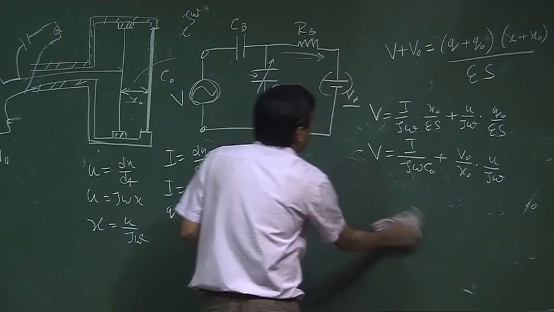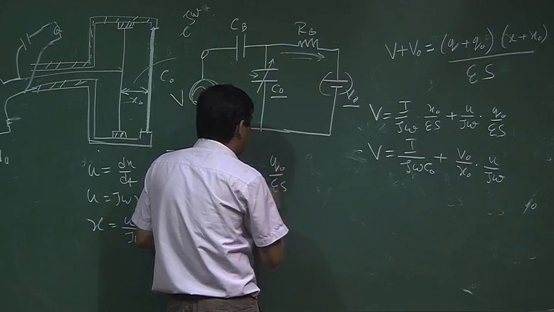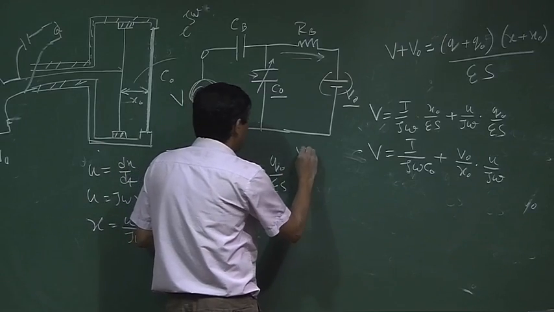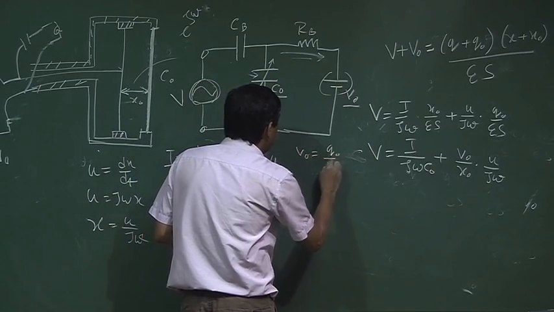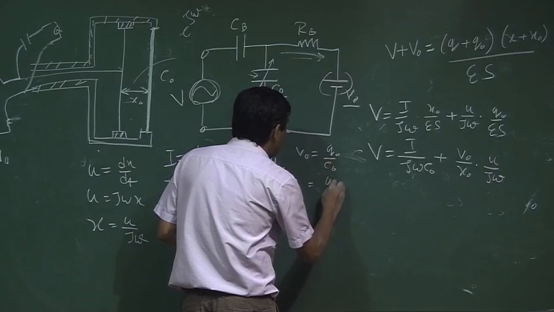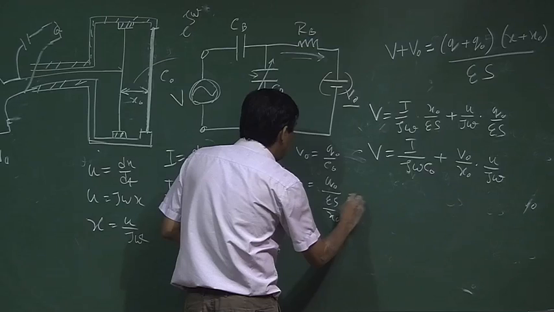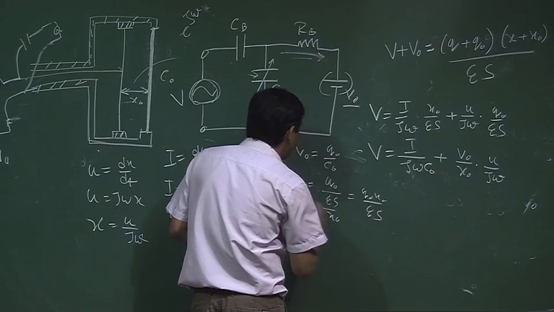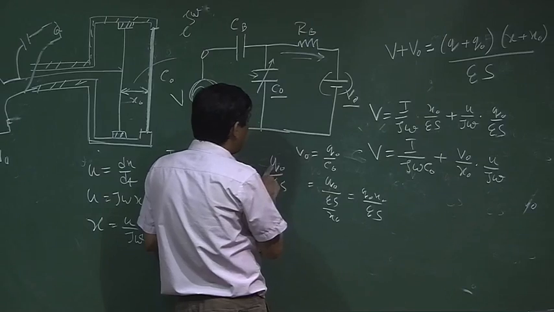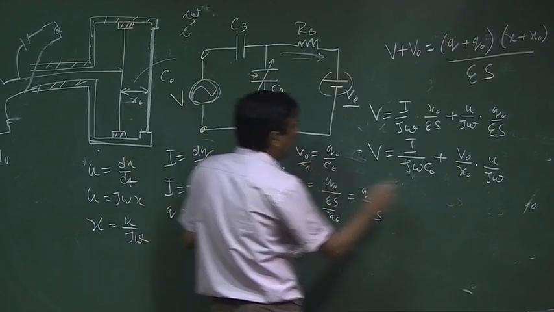Why do I write V0 by X0? What is V0? V0 is nothing but Q0 by C0, which is Q0 X0 by epsilon S. So, I only have Q0 by epsilon S, so I have to divide by X0.